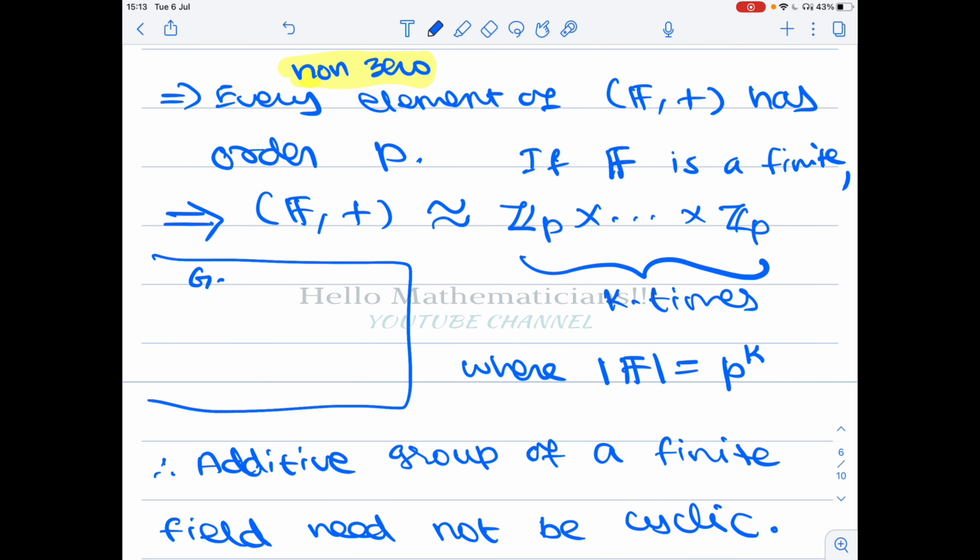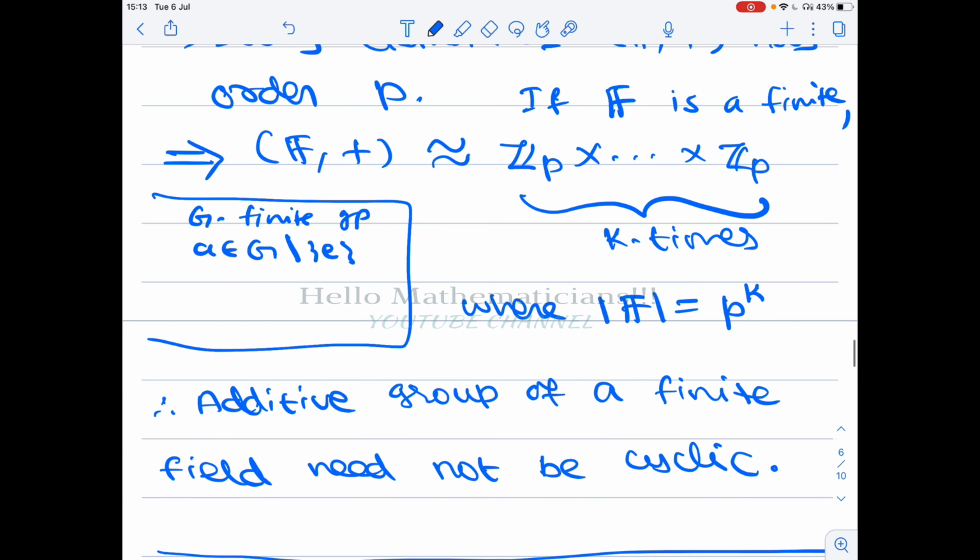So G is a finite group, and A belongs to G, a non-identity element. Suppose the order of A equals P for all A not equal to E, then G is isomorphic to ZP power K for some K. ZP power K means ZP cross ZP cross ZP, K times.